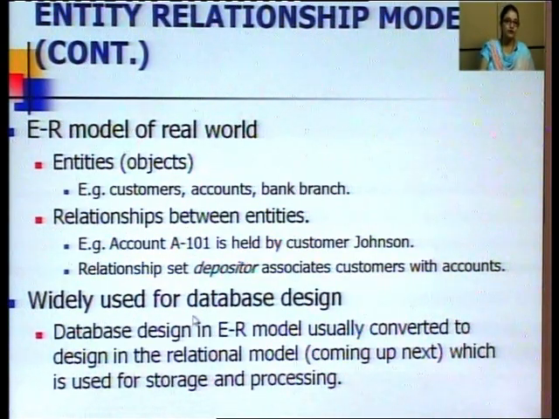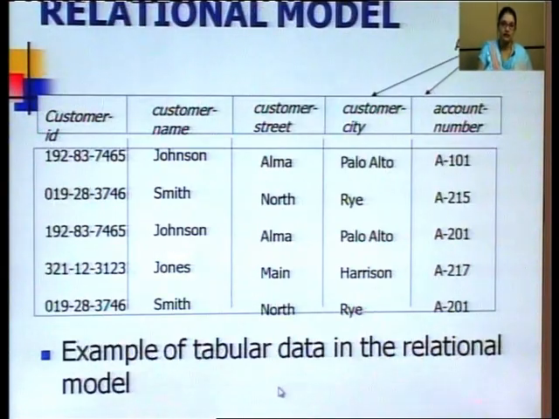These are widely used for database design. These days, entity relationship models are used to describe the overall design of databases. The database designs in the ER model are usually converted into designs in the relational model, which is coming next, which is used to store and process the data. So, ER models are converted into the relational model.